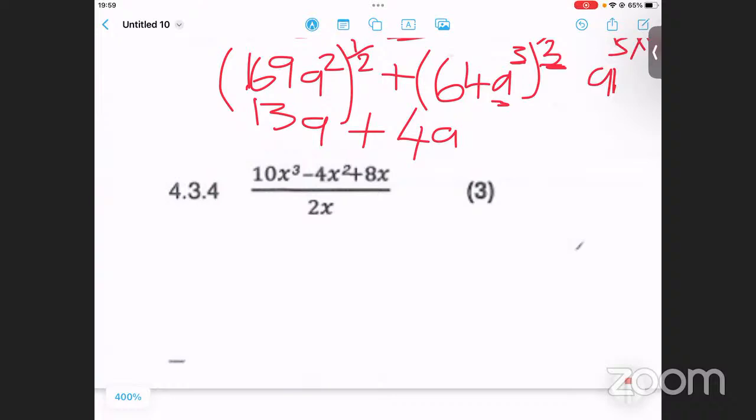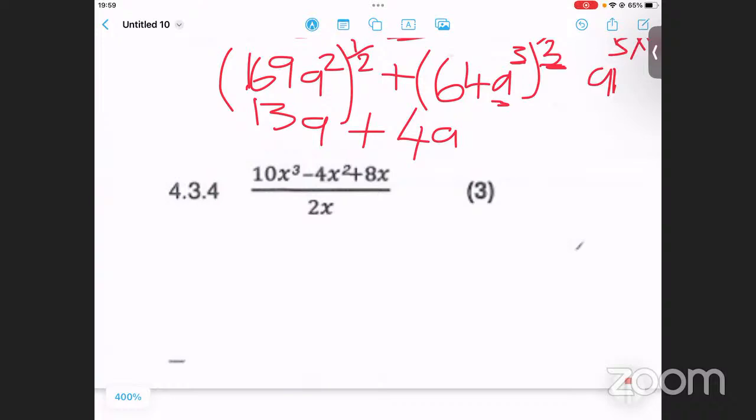Ma'am, I think what we're going to do is say the 2 divided by 10 will give us 5, and we minus 1 from the power.